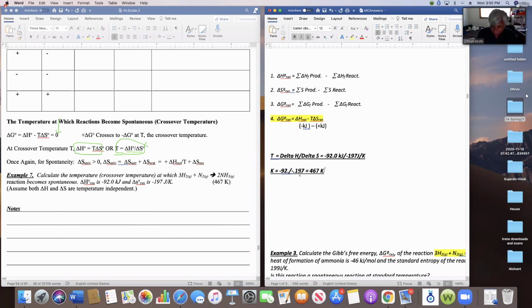So high temperature. That's what this tells us. If you want to make ammonia from nitrogen and hydrogen, you need very, very high temperature.